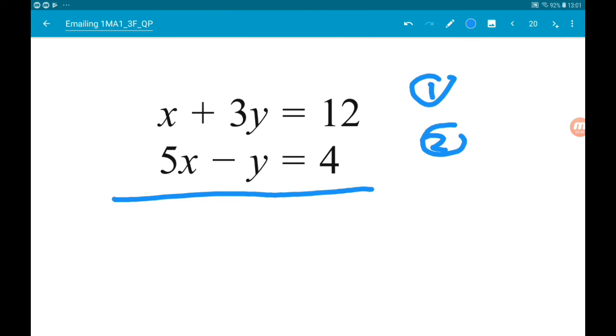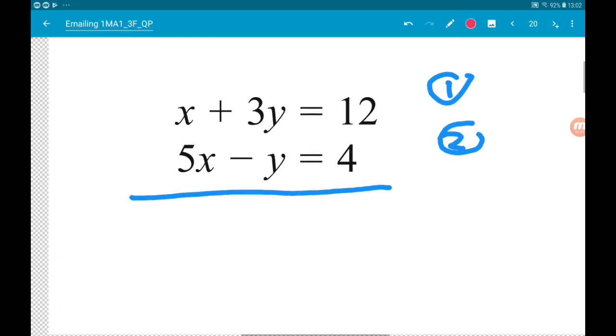Let's go for the y's. So even though we have a positive y term and a negative y term, as long as they still have the same number attached, we can cancel them out by adding the equations together.